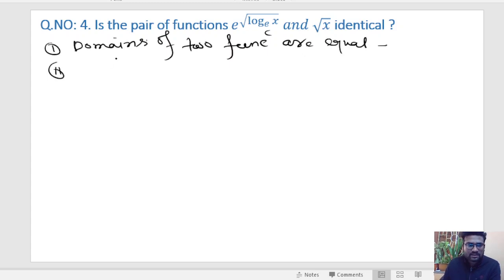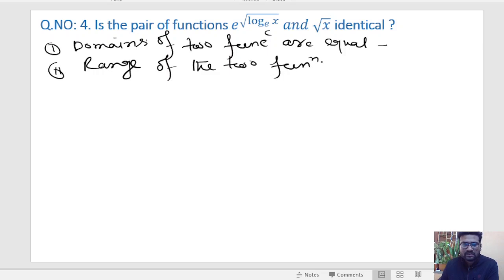And second condition, the ranges of the two functions are equal. Okay, understood? So if those two given conditions hold, the given functions are identical. So at first we check the function e to the power log x base e. What is the domain of this?